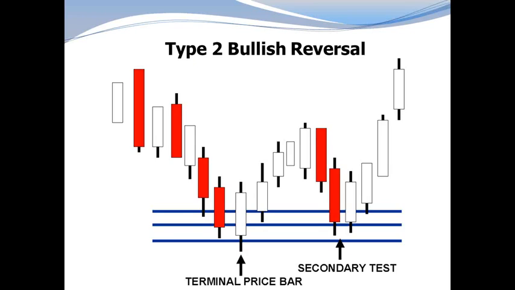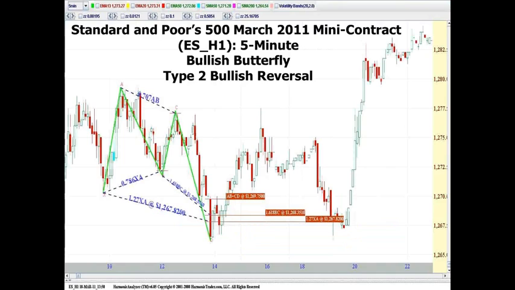Now, a type 2 bullish reversal typically involves first a short and brief type 1 reversal where all the numbers in the potential reversal zone are tested, some type of nominal reaction, a bounce from the bullish support, followed by a secondary test. Here we see a chart of the Standard & Poor's 500 March 2011 mini contract.